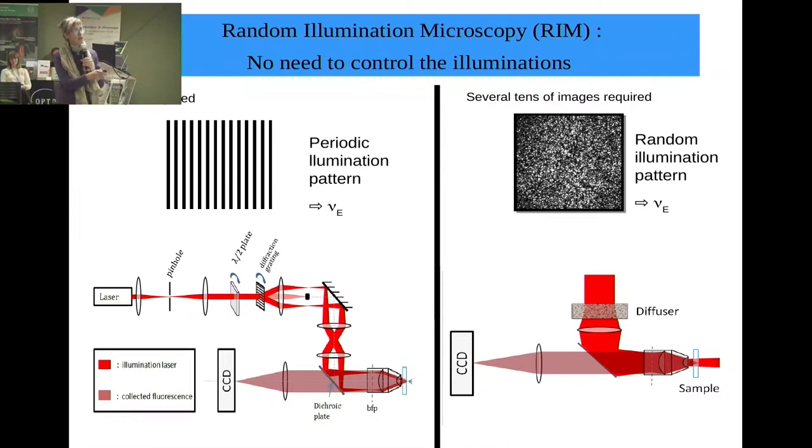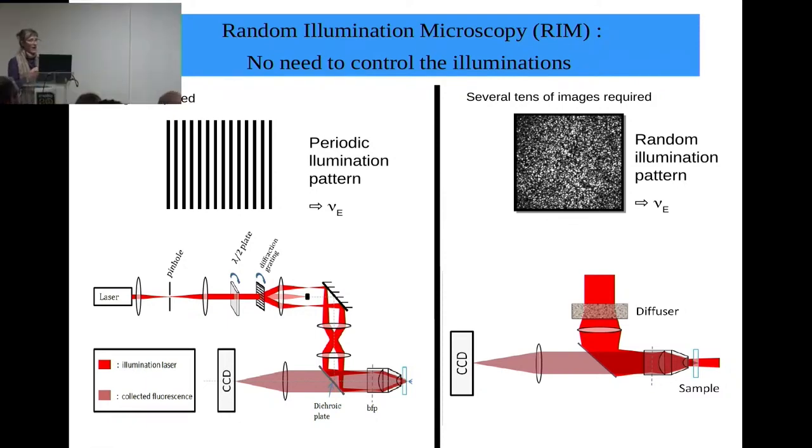So we decided to replace this by a diffuser, and we shine this diffuser with a laser and we create this awful pattern, and we were very happy. And this was working, the experiment at least. So I'm going to talk about this technique, which is called random illumination microscopy, and which is meant for persons that have problems in doing experiments, okay?